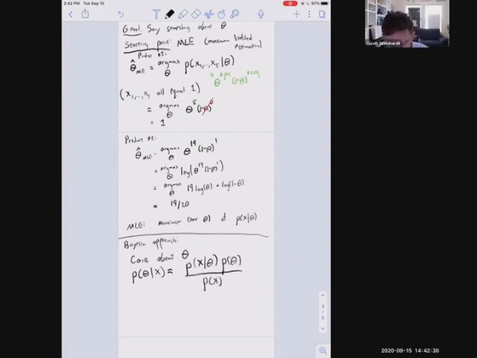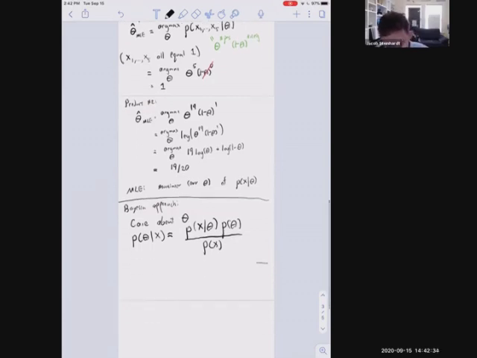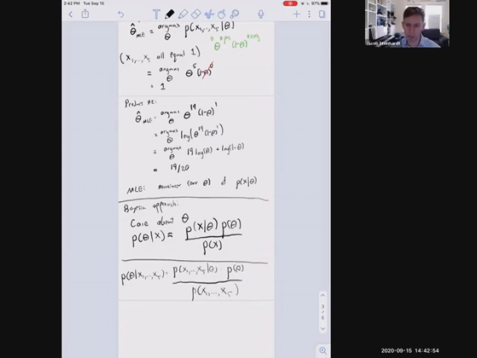And let's be a little more precise because I have these 5 reviews. So P of theta given x1 through x5 is P of x1 through x5 given theta times P of theta over P of x1 through x5.